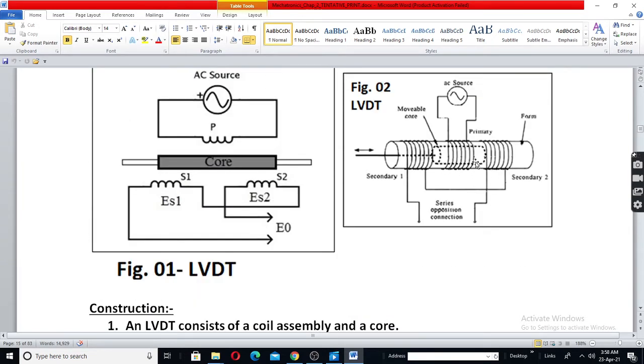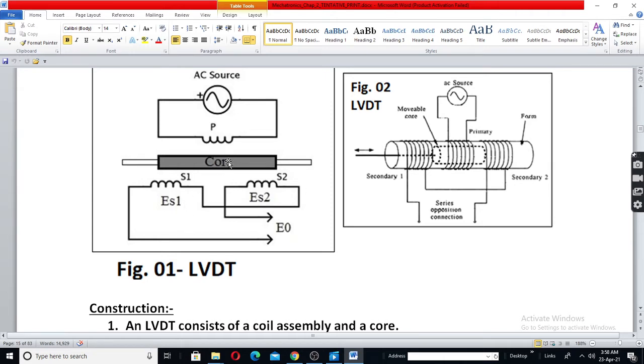Suppose you move this core to the left. Now the voltage induced in ES1 will be more. This is a transformer here, primary and secondary. Voltage applied here will get induced in the secondary also.